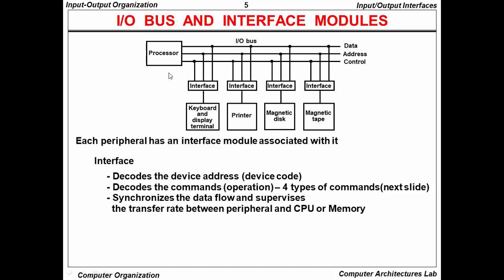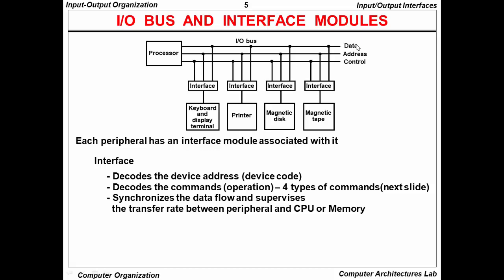So in this diagram we are discussing the I/O bus. In the I/O bus there are three different buses: data, address and control. On the data bus, your data is going to travel. On the address bus, the address with which the data is associated will travel, and some of the control signals are going to travel on the control bus, right?